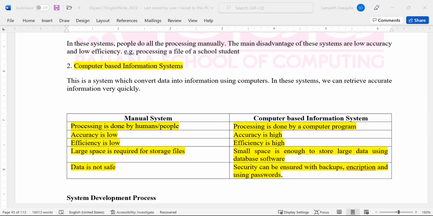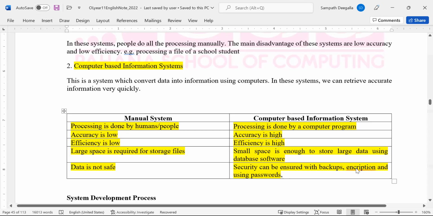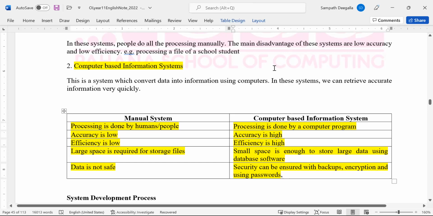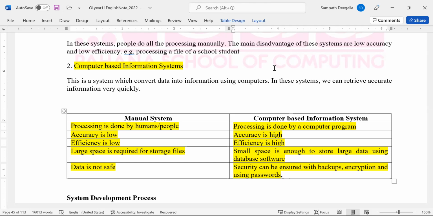You can have encryption. Encryption means when the data is stolen by somebody, they cannot read it. We will encrypt them. We will mask them so that nobody can read your data. And you can use a password.